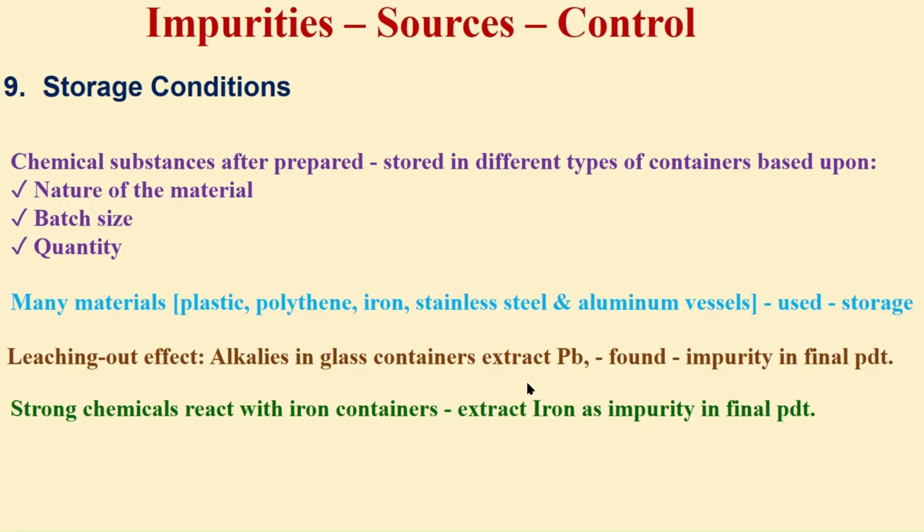The strong chemicals that are present in the product we are using can react with the iron present in the container and extract that iron as an impurity in the final product. That's why we should not store in the reacting container. Always we should store those kinds of material in the plastic container.